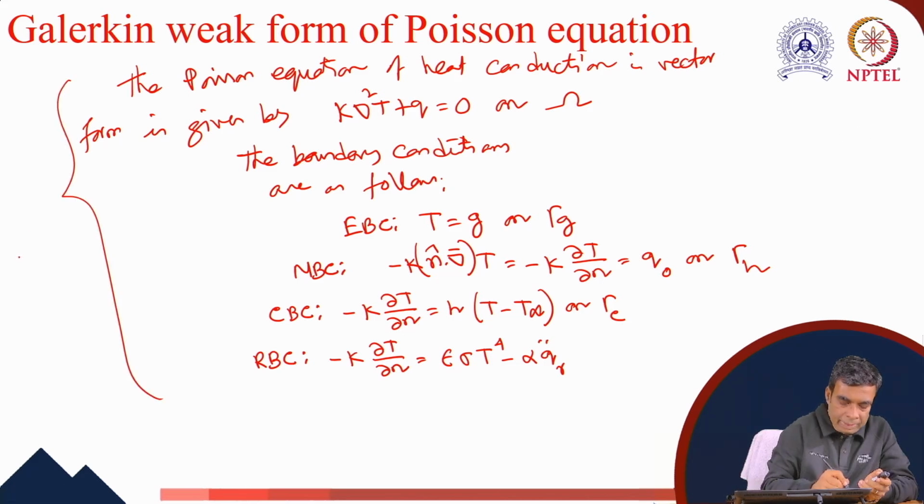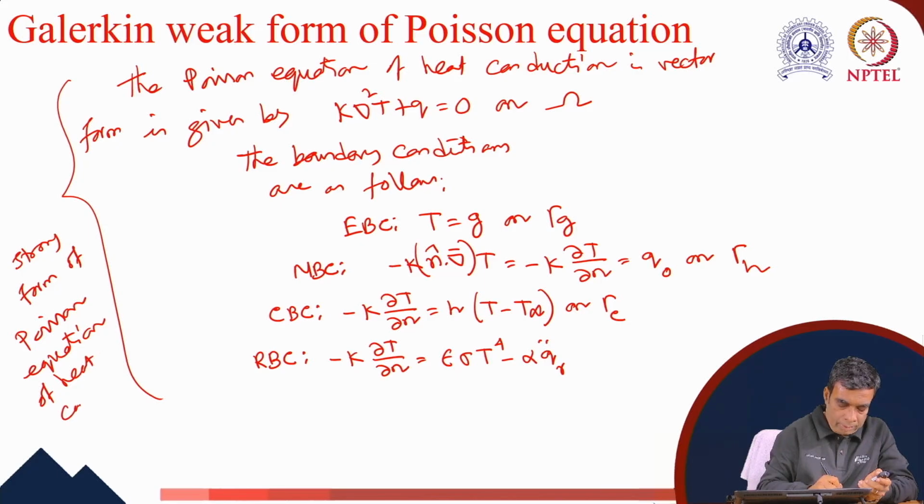So this represents the strong form of Poisson equation of heat conduction.